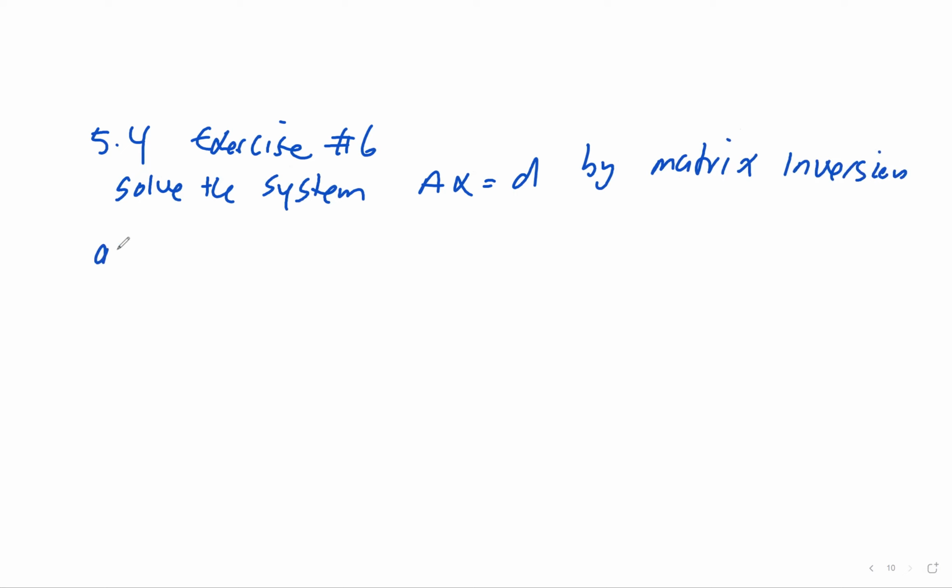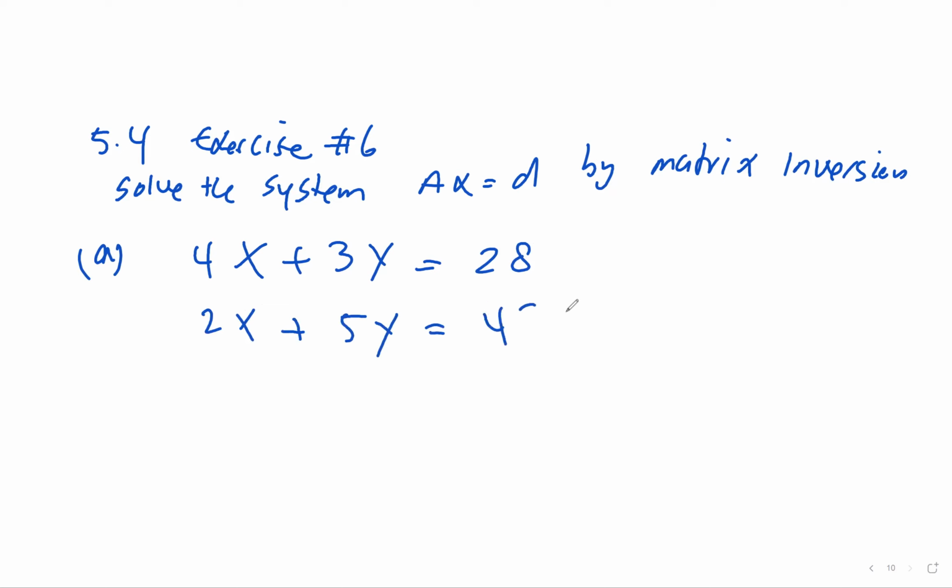So we have been given two equations: 4X plus 3Y equals 28, and 2X plus 5Y equals 42. So what we're trying to do here is change this into the shape where X star is equal to A inverse times D.